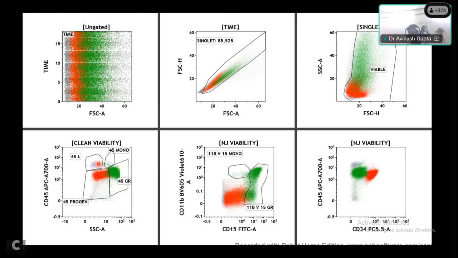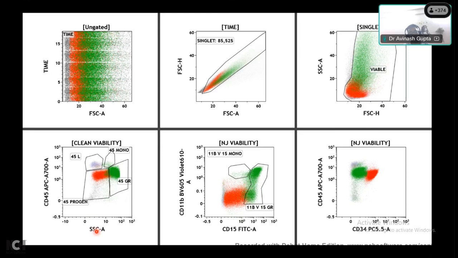Here is your normal lymphocyte on the CD45 side scatter plot. These are your granulocytes, and these are the various maturation patterns. So if you see that your blast population is positive for what? Can somebody tell me? This red population is CD34. CD34 positive.